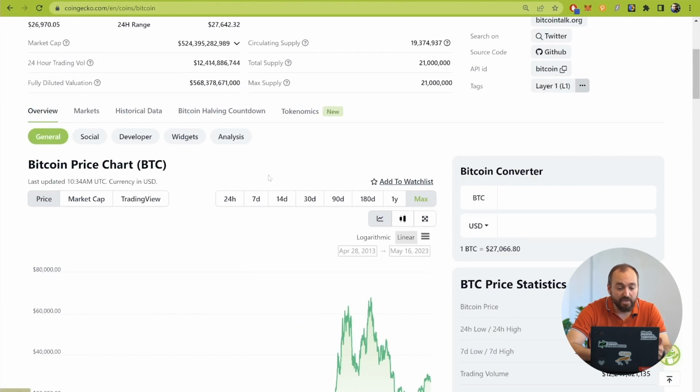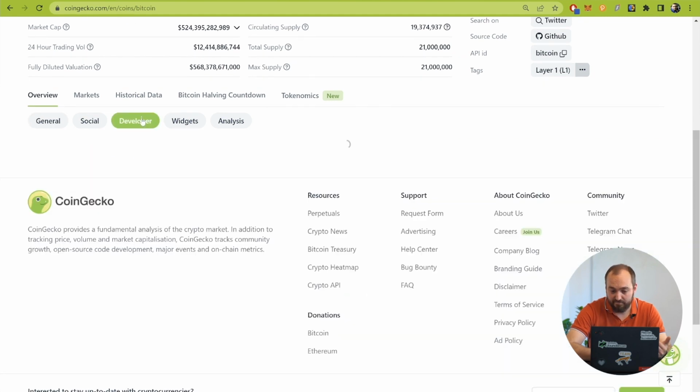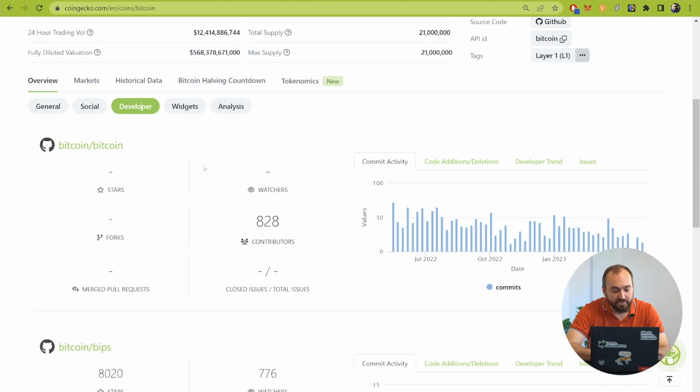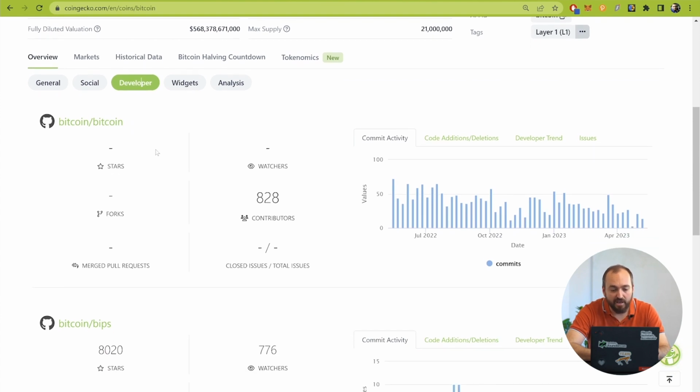And we, as technical guys, are interested not only in the price but in the developers part of the project. In the developer part you can see the link to the GitHub.